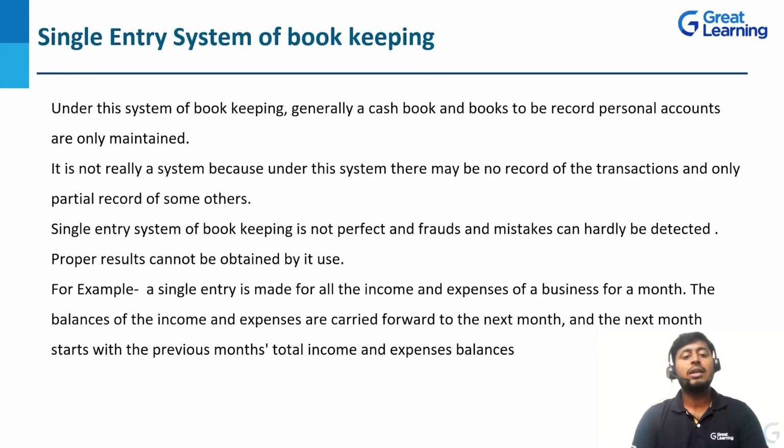It is not really a system, because under this system there may be no record of some transactions and only a partial record of others. They do not record all the transactions; they record randomly. For example, if three transactions happen in that petty shop, they take the total of all three and record the amount.